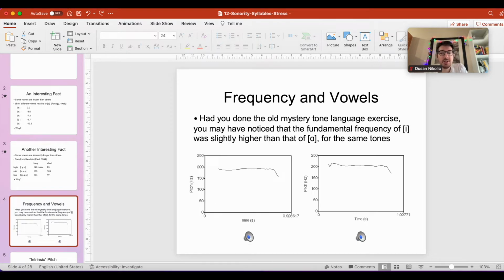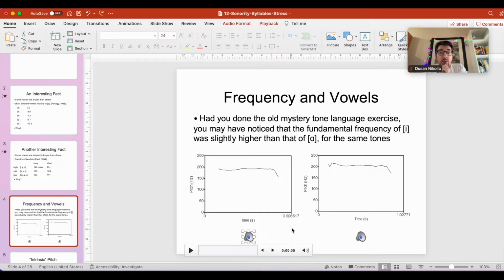I just want to mention another important property that vowels have, and that's frequency. They have some intrinsic pitch, which we will see in our next slide. But first things first, these are two examples of a mystery tone language, or just examples of words or vowels produced by this person.